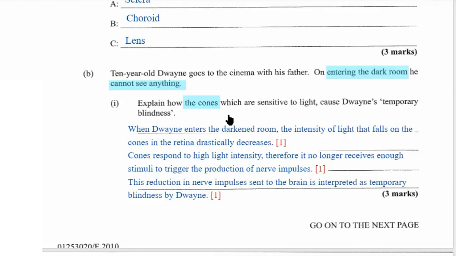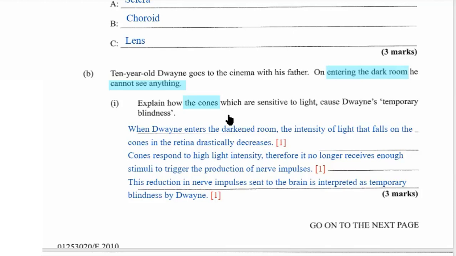So they're no longer able to get enough stimuli to trigger them, because the light will trigger them to produce nerve impulses. That means it's not going to be sending nerve impulses to the brain, and the brain can then interpret and make you see. So therefore, he is temporarily blind because his brain isn't getting enough signals from his eyes to tell you what is around you. So that's basically it.